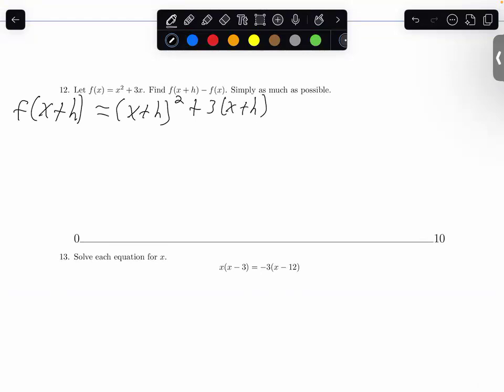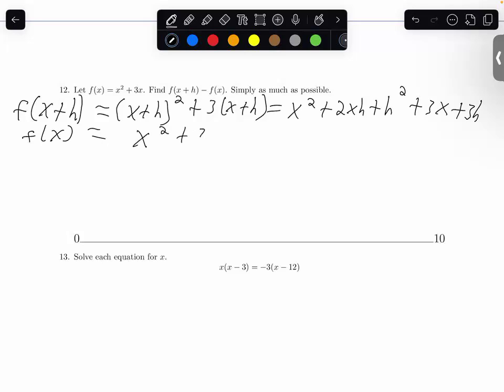We work like this. (x plus h) squared plus 3 times (x plus h). Multiplying this out, this is going to make x squared plus 2xh plus h squared plus 3x plus 3h. And f of x, I'm just going to rewrite this, is x squared plus 3x.